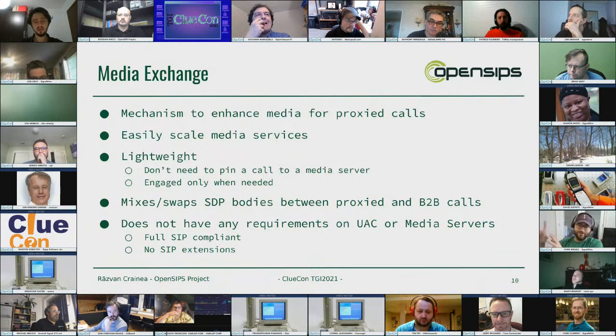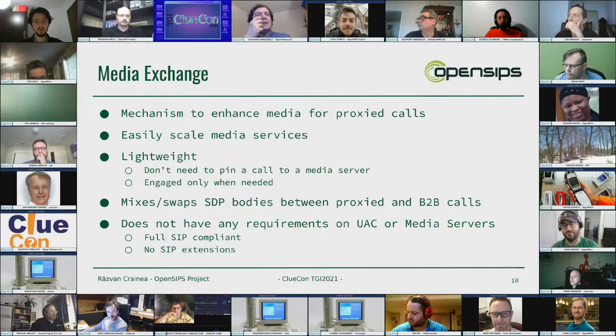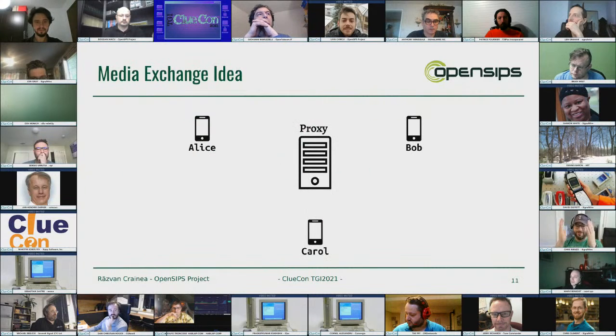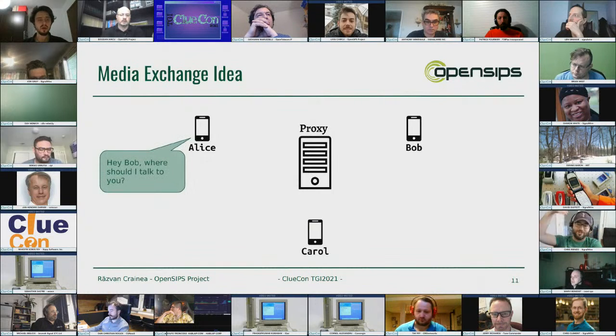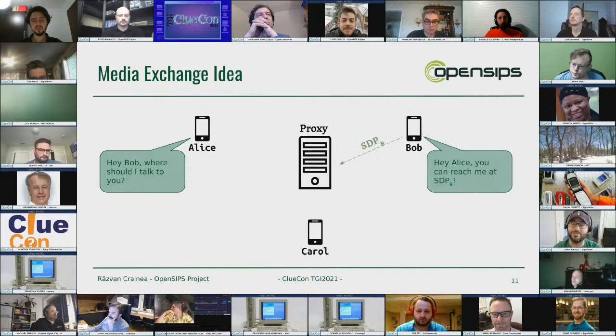Let's see where the idea comes from. So imagine that Alice wants to talk to Bob, and she will say, "Hey, Bob, where should I talk to you?" Well, Bob says, "Hey, Alice, if you want to talk to me, you should reach me at SDP B." However, since OpenSIPS or a proxy is in the middle, it can say, "Hey, Alice, I think you should talk to Carol.